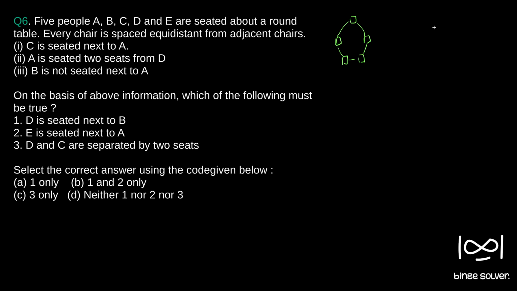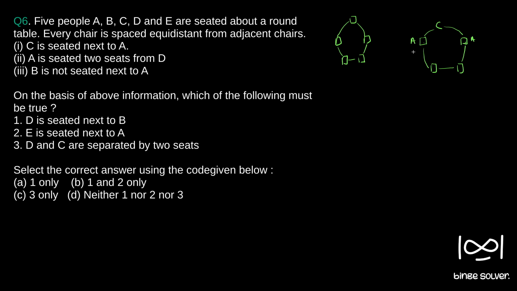Then A could be here or here. Since it is only given C is seated next to A, A can take this position or this position. So we don't know that.